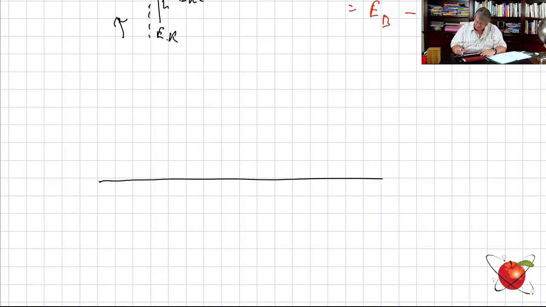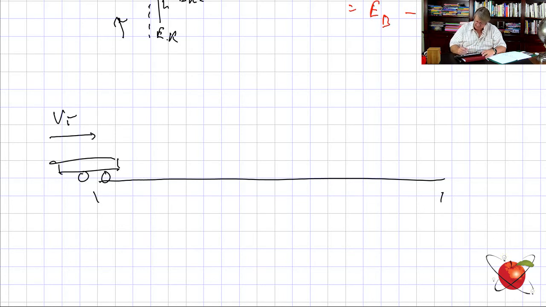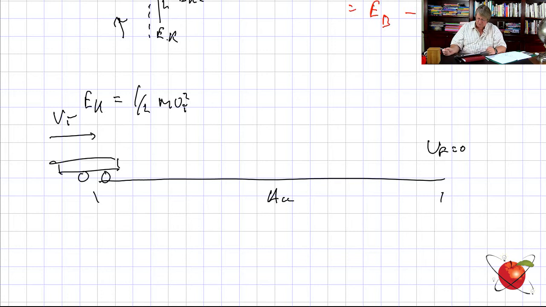There it is. So we say, right, here I have got my truck coming in. Okay, there it is. No, I'm not an artist. V initial. And over delta x, what happens? We wanted to get to V final of 0. So this has got an EK over here equal to a half m v initial squared.